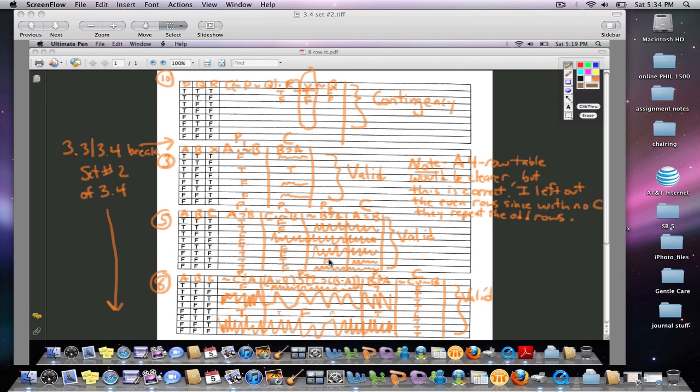Those are my abbreviations. For the third premise, if not B, then A, that gives me T horseshoe F, which is false. So in the 7th row, I can't get all true premises, false conclusion either. No row gives all true premises and a false conclusion. The argument is valid.